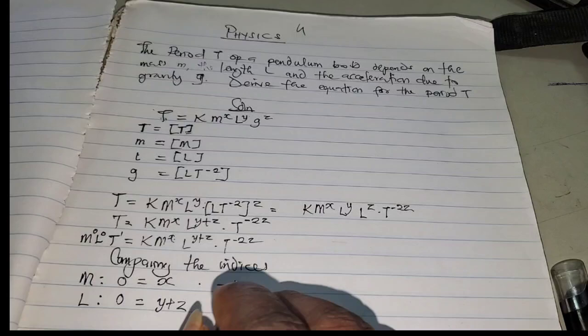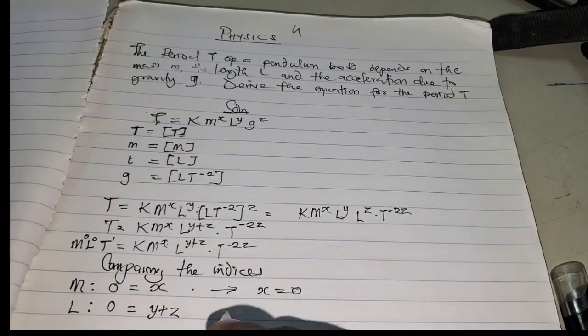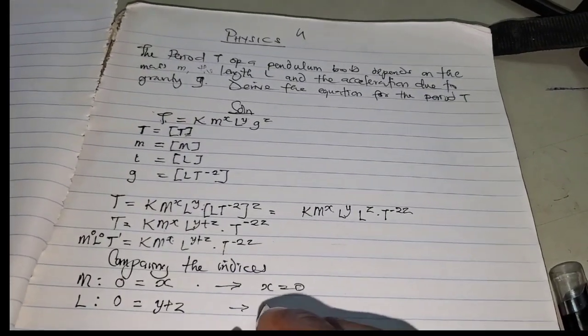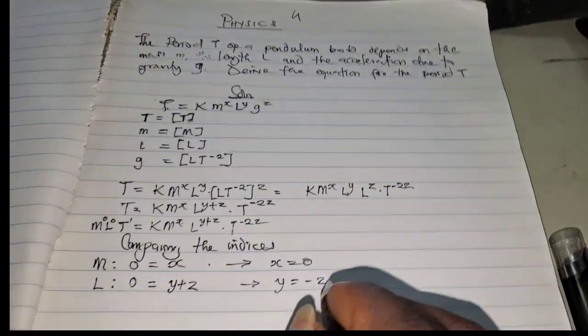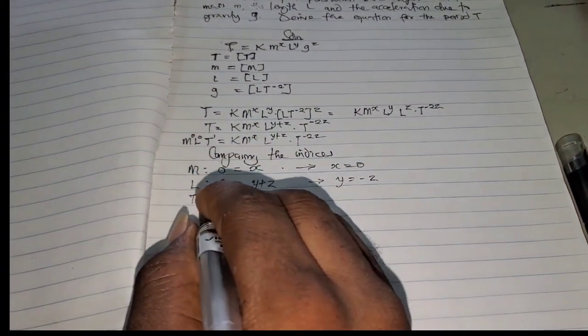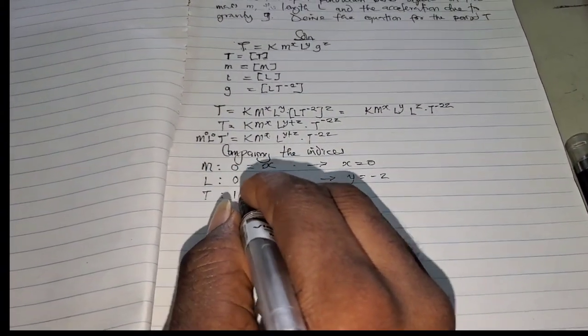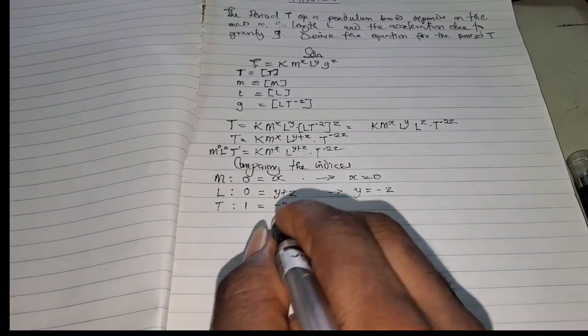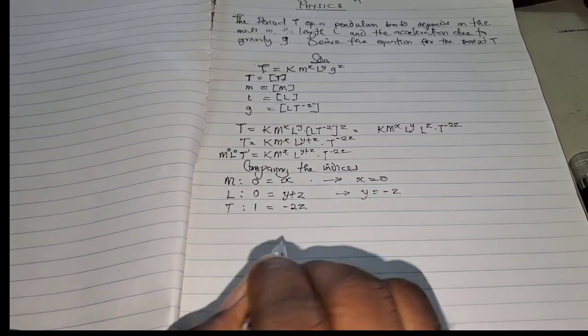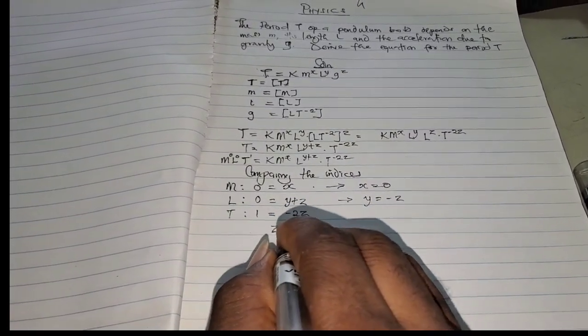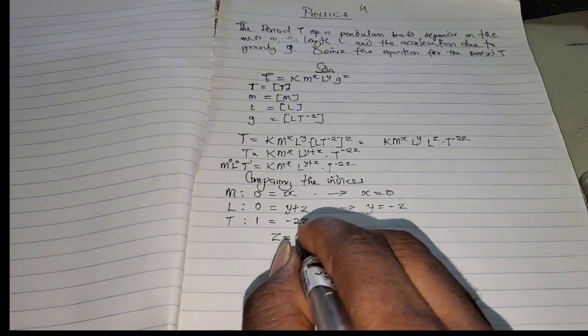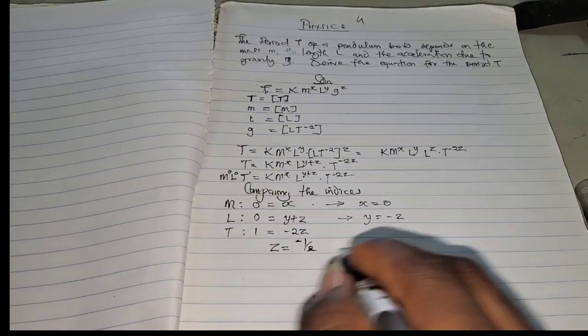From here we can say x equals to 0, and this implies that y equals to minus z. Then for T, we have 1 equals to minus 2z. Divide both sides by minus 2. Then we have z equals to minus 1 over 2.